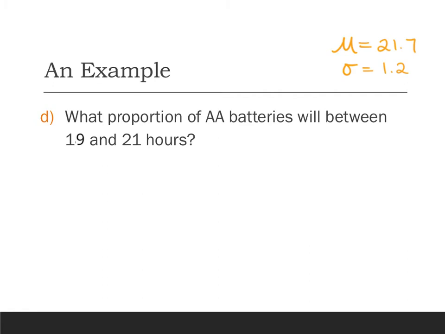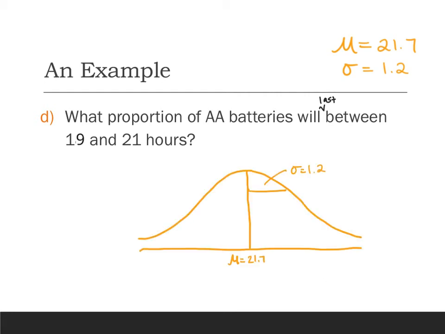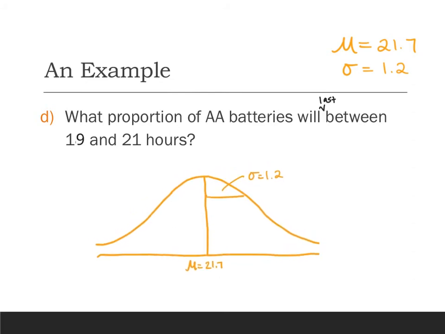All right, so on this next one, we want to know what proportion of AA batteries will last between 19 and 21 hours. So, of course, we want our normal curve. We'll use it every time.